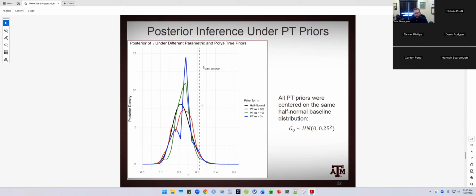That's what this line is here. And then these are the posterior distributions for a half normal in black, and then a PT prior with three different levels of alpha.